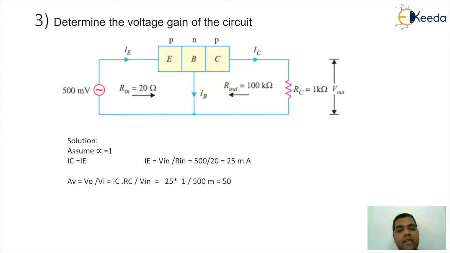That's the value of IE, and I can use it as IC. So I can get the gain AV as VO by VI, which is IC RC by VIN. I put IC as 25 milliampere, RC is 1 kilo ohm, VIN is 500 millivolt. You take the ratio and you get AV as 50. So the answer for this question: the voltage gain of the circuit is 50.